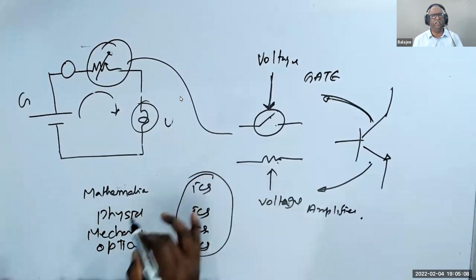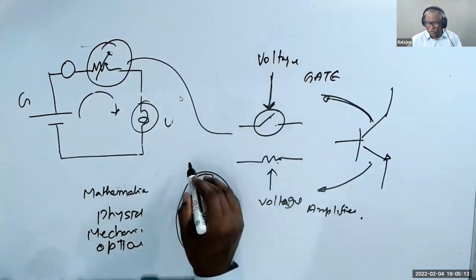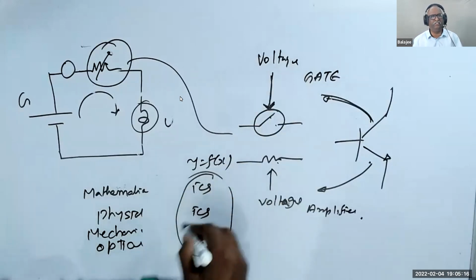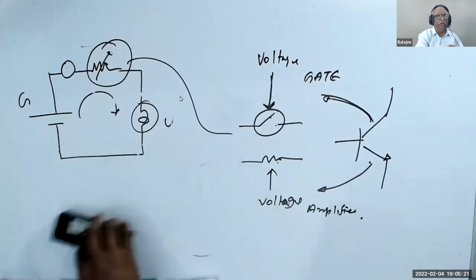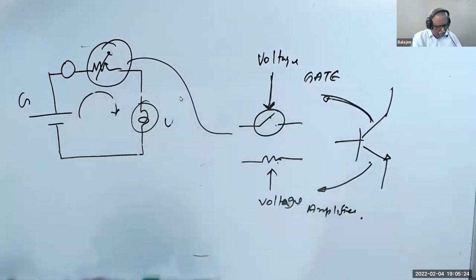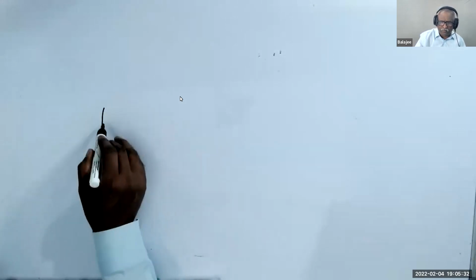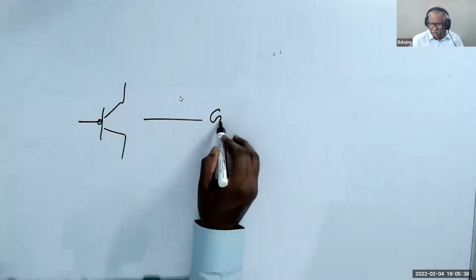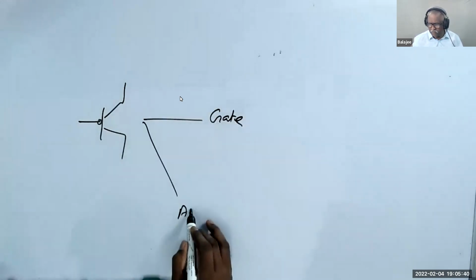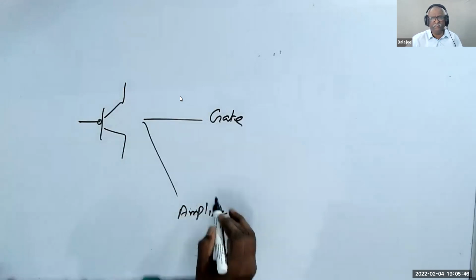All of these are basically an input-output relation, that is Y equals F of X. The same way, electrical and electronics. So we have moved from electrical to electronics. In electronics we have two things: a voltage control, and a gate or amplifier. This is digital and analog.